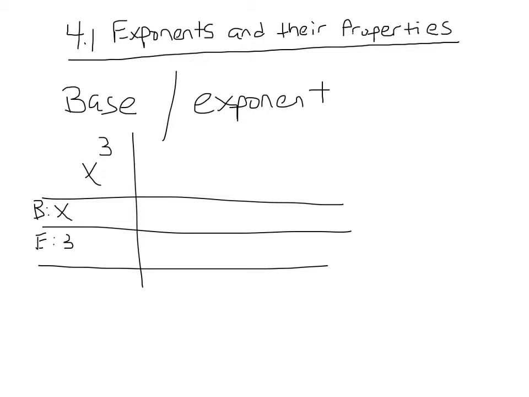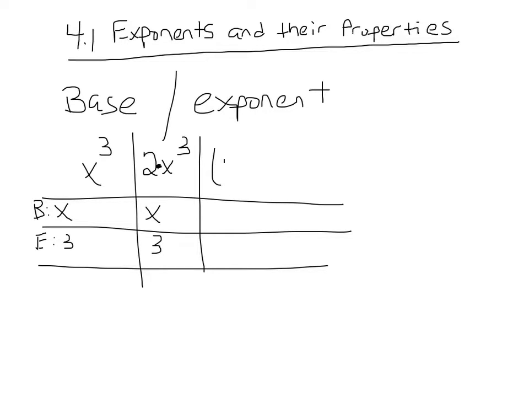So if we had something, though, like 2x cubed, the base is still x, and the exponent is still 3. The 3 in the exponent isn't attached to the 2 at all. Some students find it helpful to put a multiplication sign in between a coefficient and a variable like that.